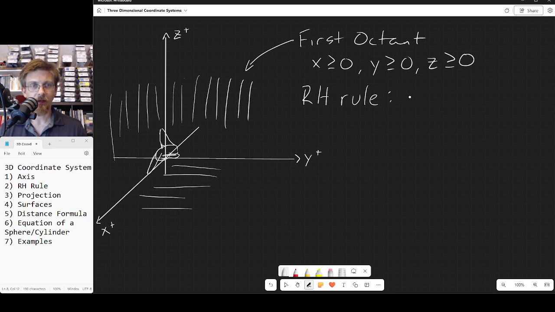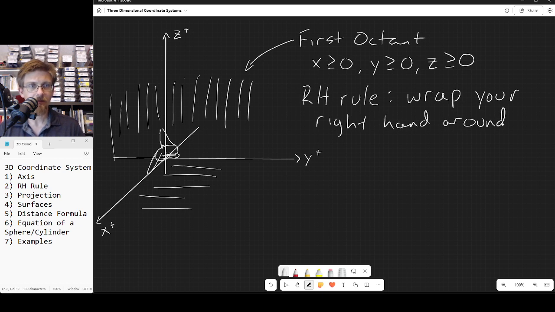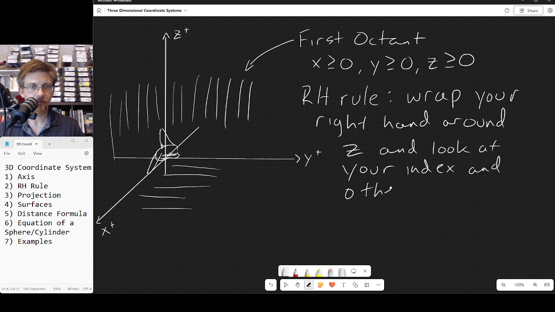So let me write this up real fast. Okay: right hand around z, and look at your index and other fingers.